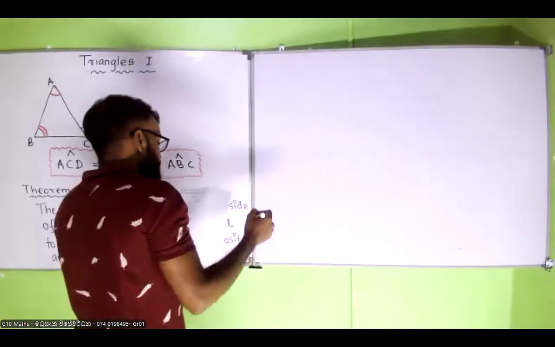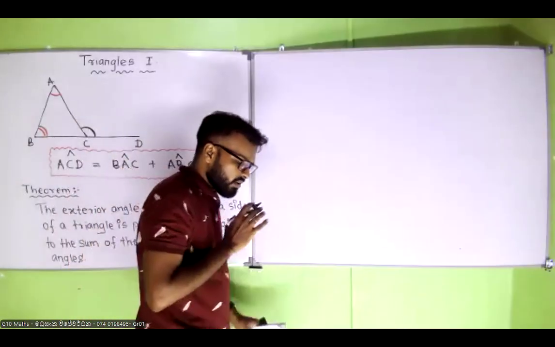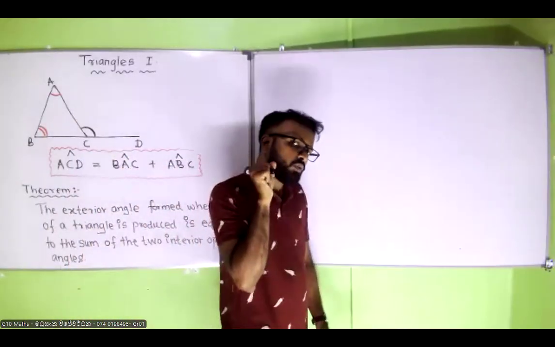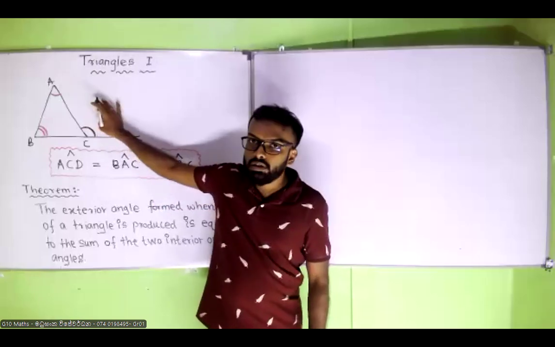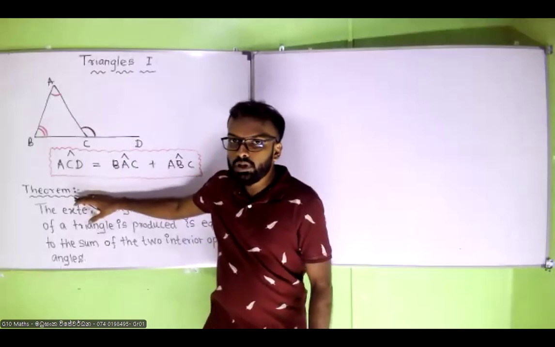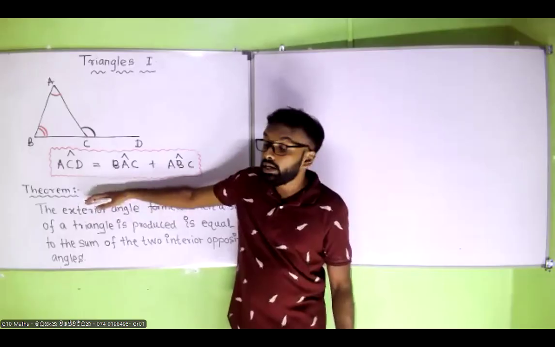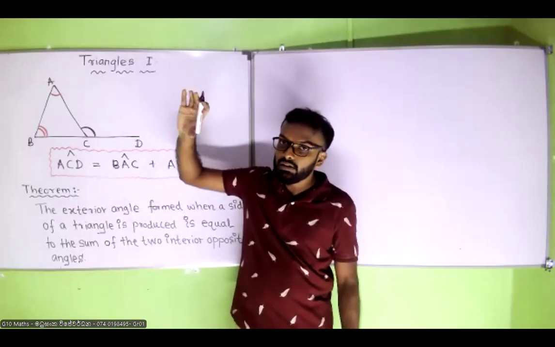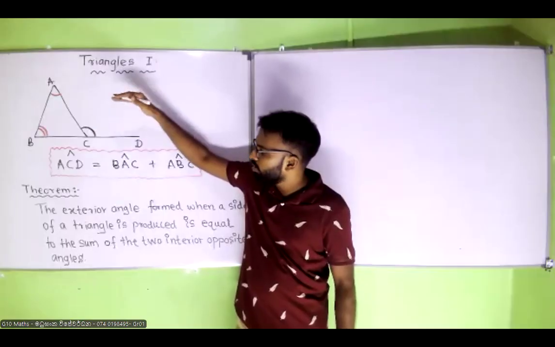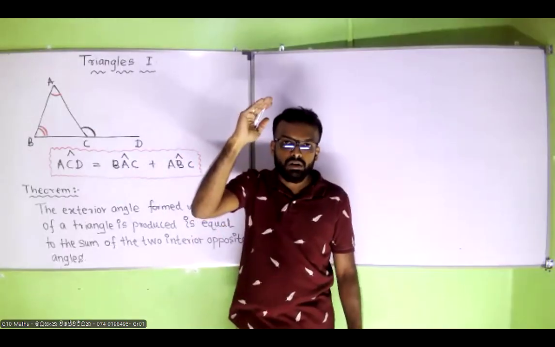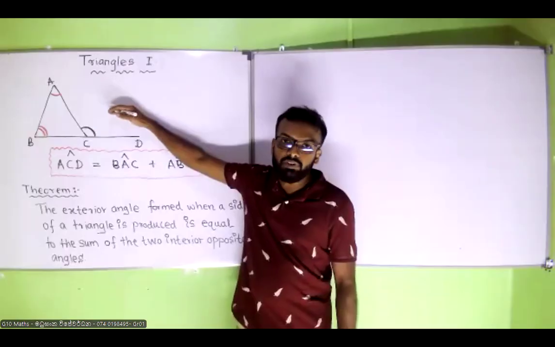First of all, what is the structure of the proof? First of all, we have to draw the figure. This is the theorem, and for this theorem, the related initial figure is this. This is the starting point. I am going to draw exactly this figure.